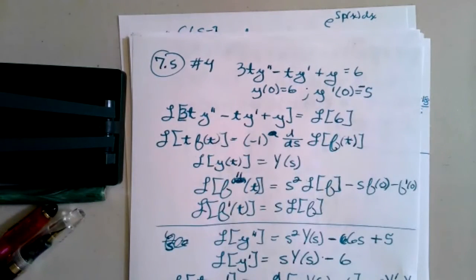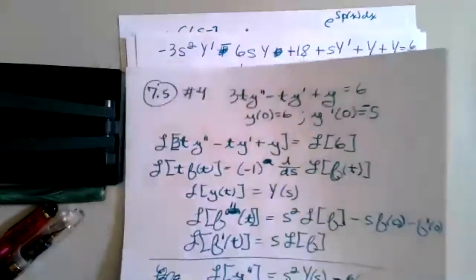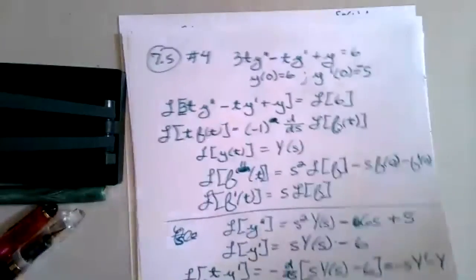So let me do an example of one where there's a constant coefficient. Hopefully not too long. This is number 1, actually, because I want to be able to finish it in the time. When you have constant coefficients, they work out a lot quicker.